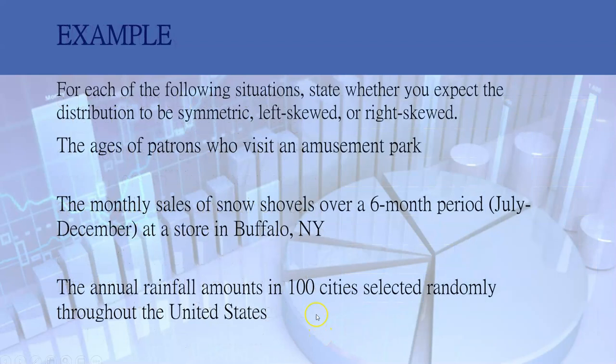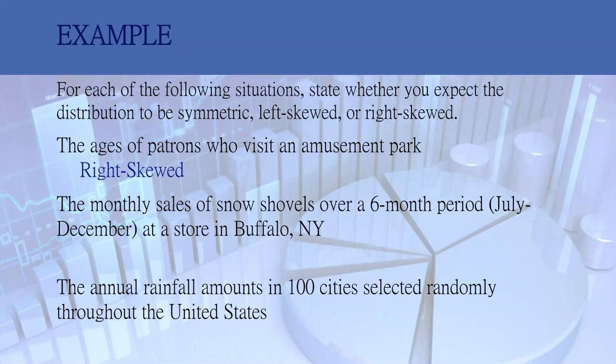Okay, we're going to try the same thing now, just imagining what this could look like. So the ages of patrons who visit an amusement park, that's probably right skewed. Most people who visit an amusement park, I'm thinking someplace like Cedar Point, the median age is probably going to be in the teens all the way up to the 30s maybe.